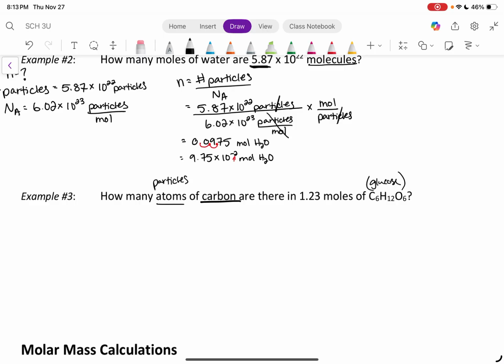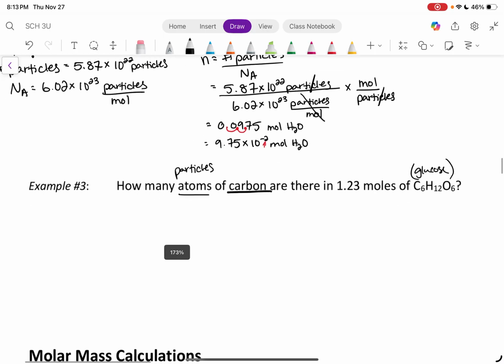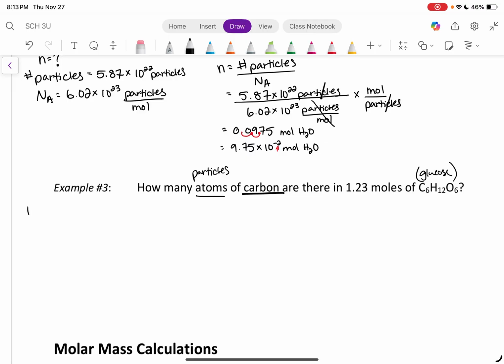So we're still going to write out what we know. So I know that there are 1.23 moles. All right, and I also know Avogadro's number, which is 6.02 times 10 to the 23 particles per mole.